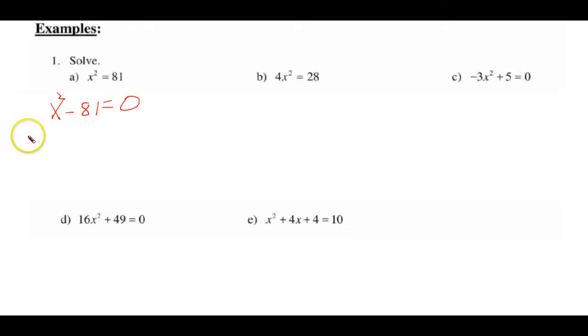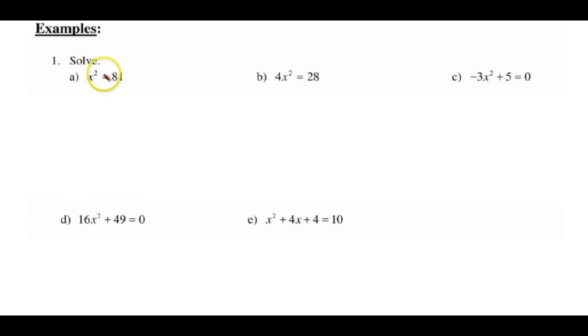And then, since this is the difference of perfect squares, we would factor it and get the conjugates x plus 9, x minus 9, equal each of the factors to 0, and we get x is a negative 9 and x is a positive 9. Now, when we have quadratic equations, and here we see it's to the second degree, we need two answers. Keep this in mind, because now what we're going to look at is another way.